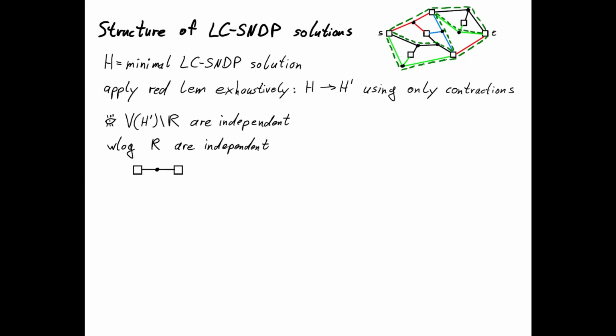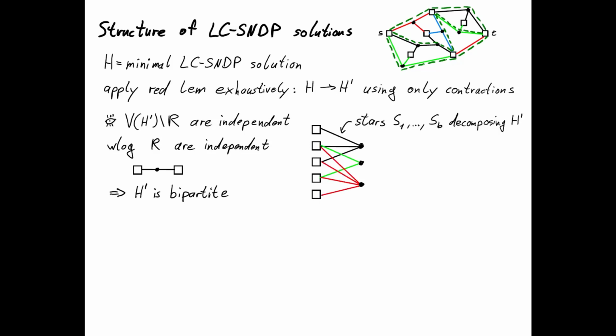Well, here, without loss of generality, I can assume that the terminals form an independent set, because if there was an edge between any two terminals, let's just subdivide the edge, and so then the terminals become independent. So that means that this graph that I get after exhaustively applying the lemma is actually bipartite.